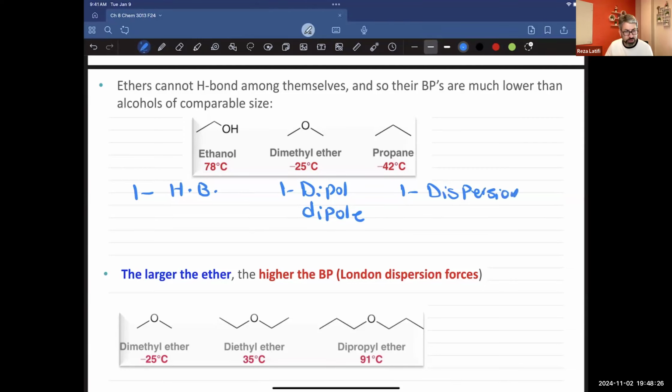And remember, we do have dispersion and dipole for methanol or ethanol as well. So I can say I have dipole and dispersion as well. For ether, we have dipole as the strongest, and then dispersion.